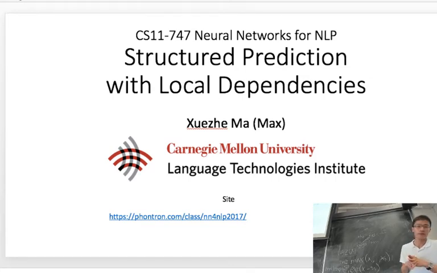Here we list three popular methods. The first one is the max margin method, which was first proposed by Ben Taskar in 2004. This method is similar to the cost augmented hinge loss, which was introduced by Graham in the last class.